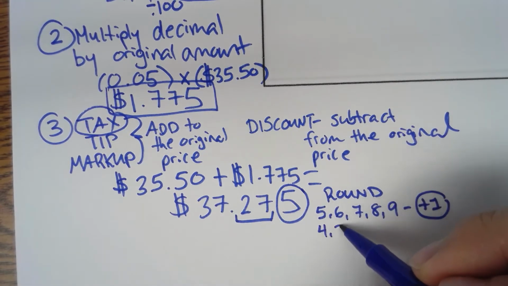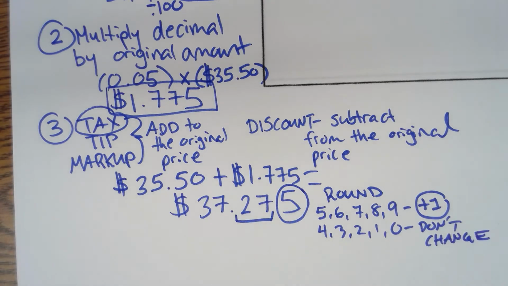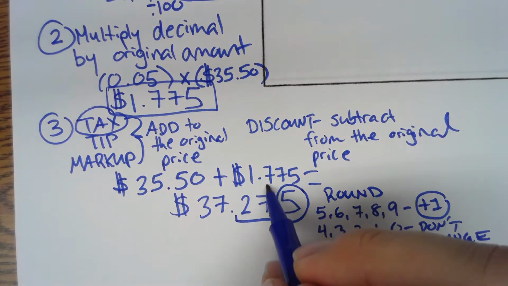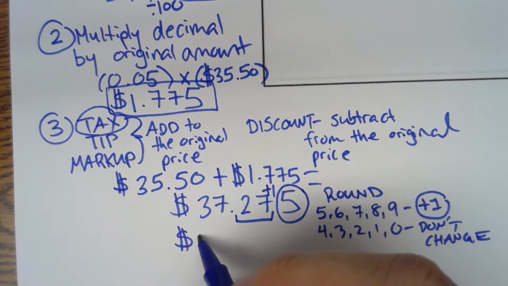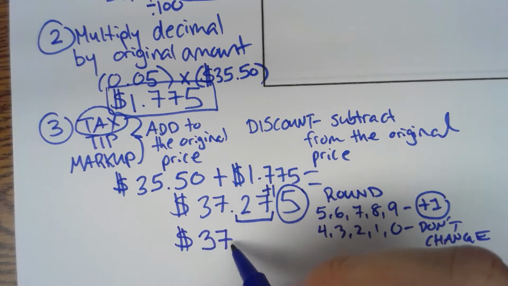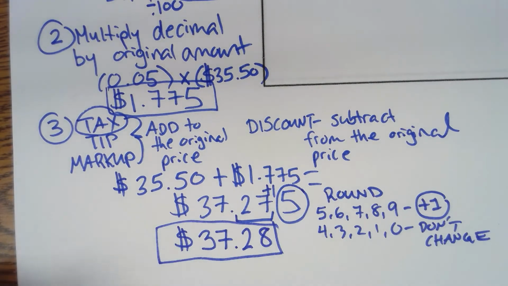If it's 4 or less, you don't change it. You let it rest. So this is 5, so that means I need to add 1 more. So the final answer after I pay tax is $37.28.